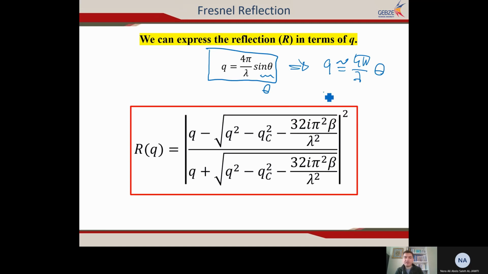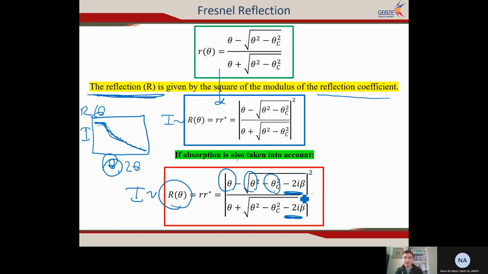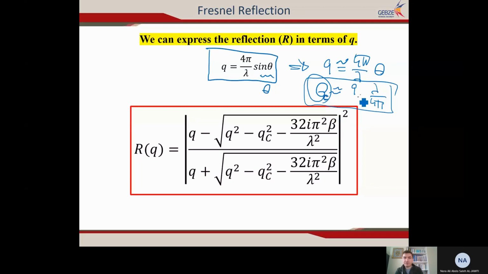Then just take theta from this expression, which is given by Q times lambda over 4 pi, and use it here. Instead of theta critical, you can use Q critical in this case. So then you can write this reflection or intensity read by the detector in this form in terms of Q and Q critical.